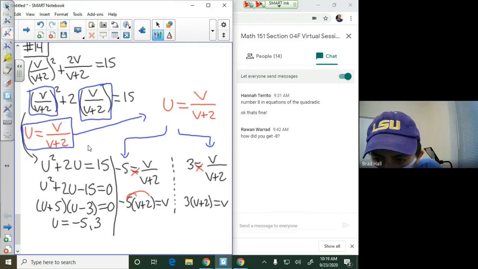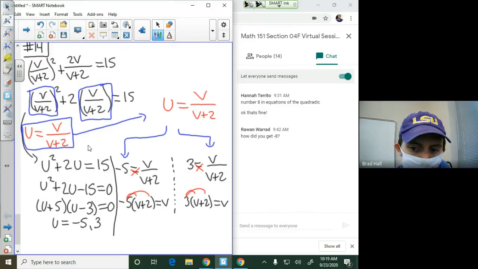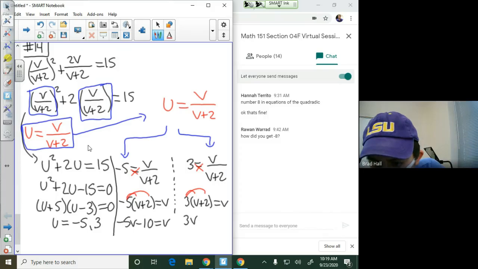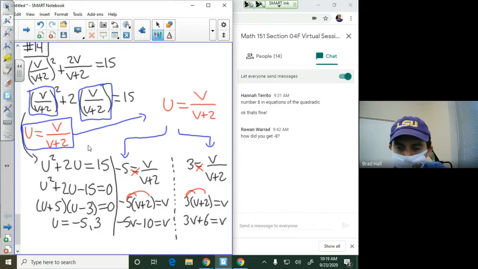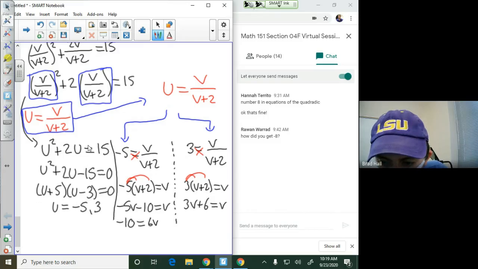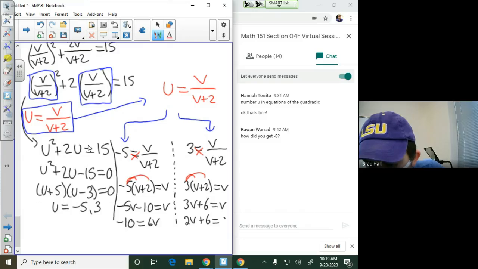Go ahead and distribute. -5v minus 10 is equal to v, and then 3v plus 6 is equal to v. Over here, we would get -10 is equal to 6v. And over here, we would get 2v plus 6 is equal to 0, just combining some like terms.